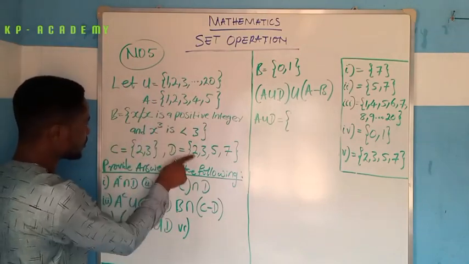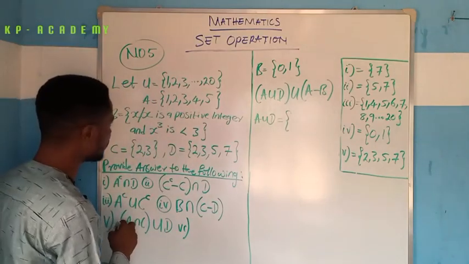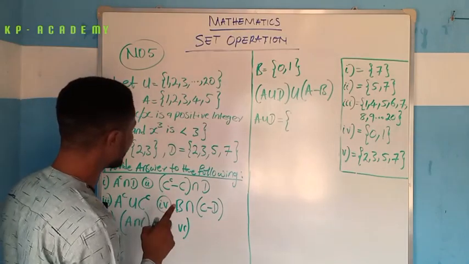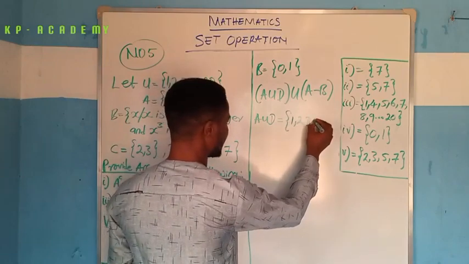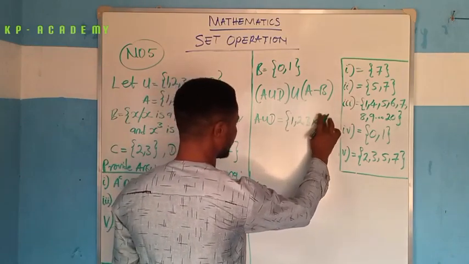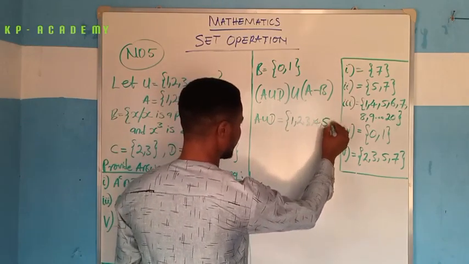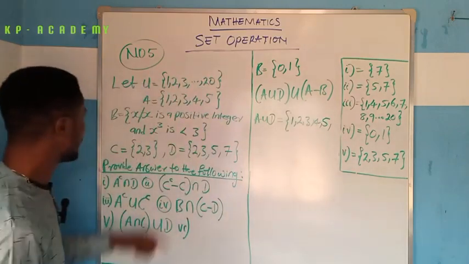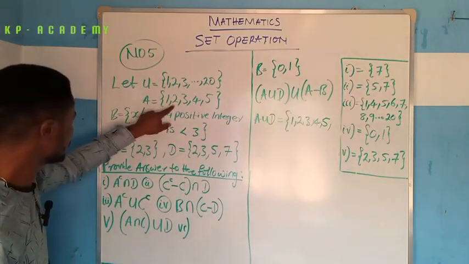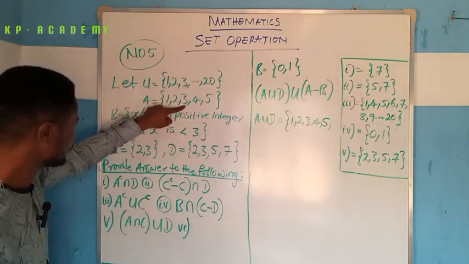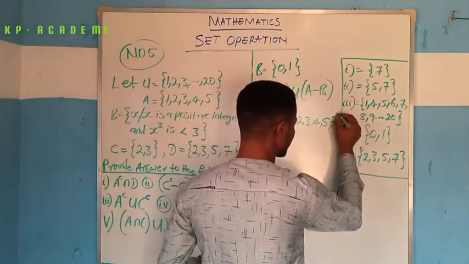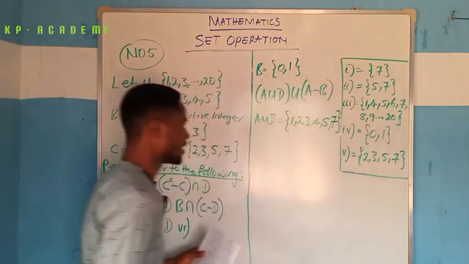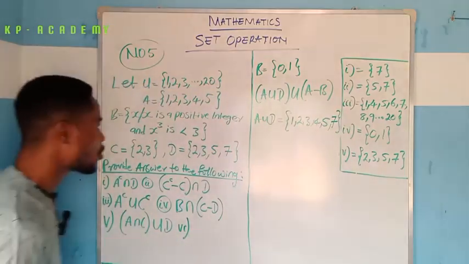Taking the union of these two sets, the answer will be 1, 2, 3, 4, 5, and 7. Remember, write out all the elements without repeating any that occurs twice.